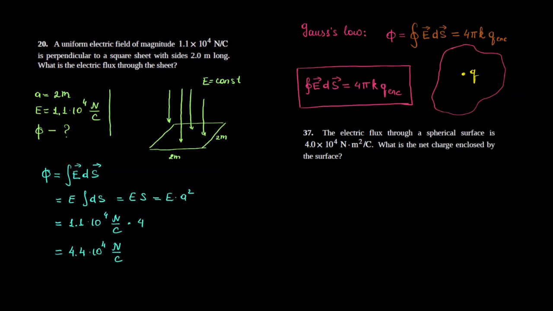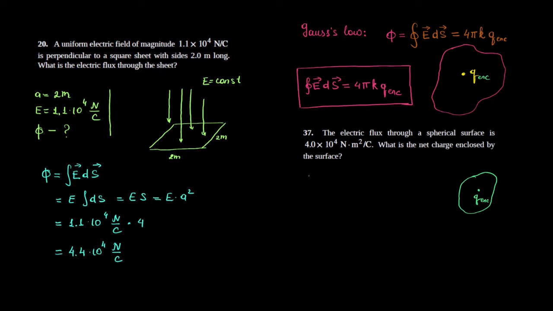To understand Gauss law in more detail, let's solve the following problem. The electric flux through a spherical surface is 4 times 10 to the 4 Newton meter squared per Coulomb. What is the net charge enclosed by the surface? So if we take any surface again, and there is a charge, let's say Q enclosed.